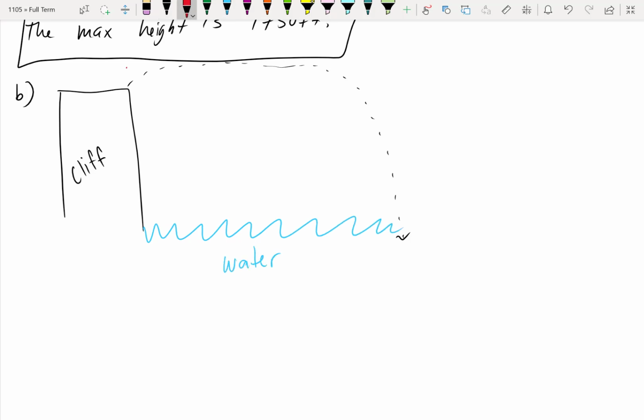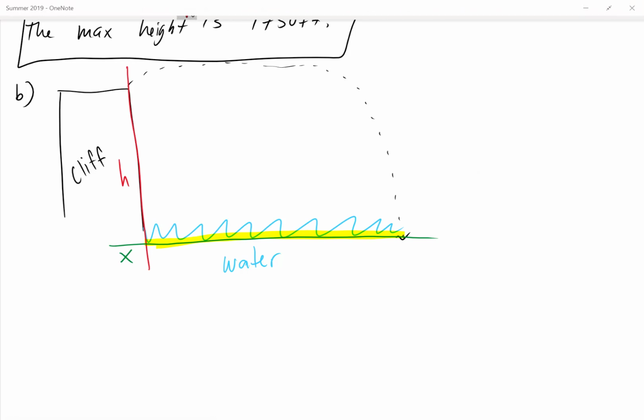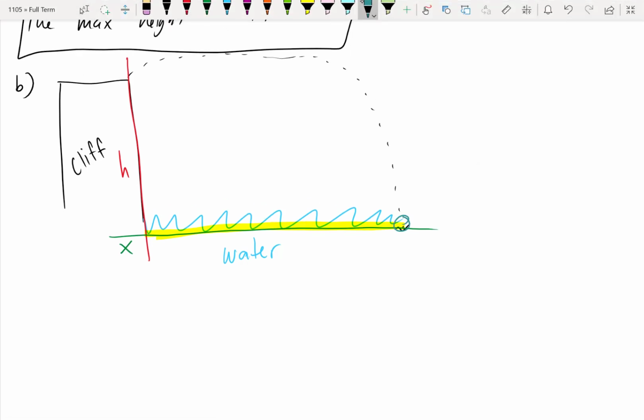So this is our height, and this is our horizontal distance, which is x. So what we're looking for is this distance right here when the projectile strikes the water. So we're looking for how far did it travel off the cliff before it hit the water.